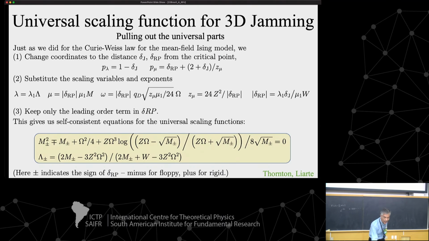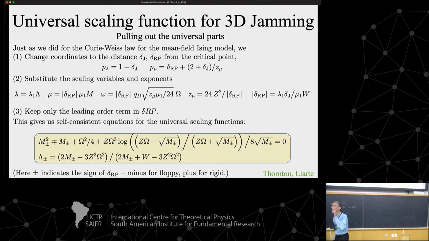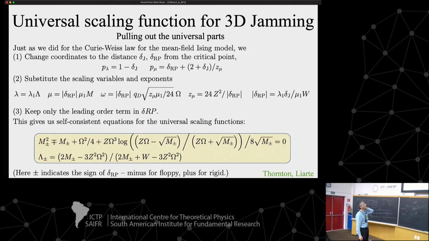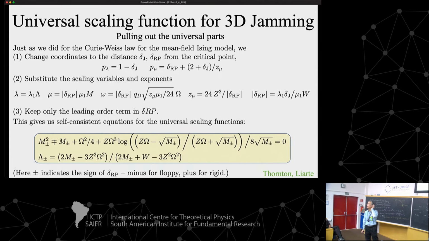Yes? In your self-consistent equation, there are two parts of the division. Your first equation, there are two terms divided by... Look at it, this is the numerator, the denominator is... There are two logs. Say again?